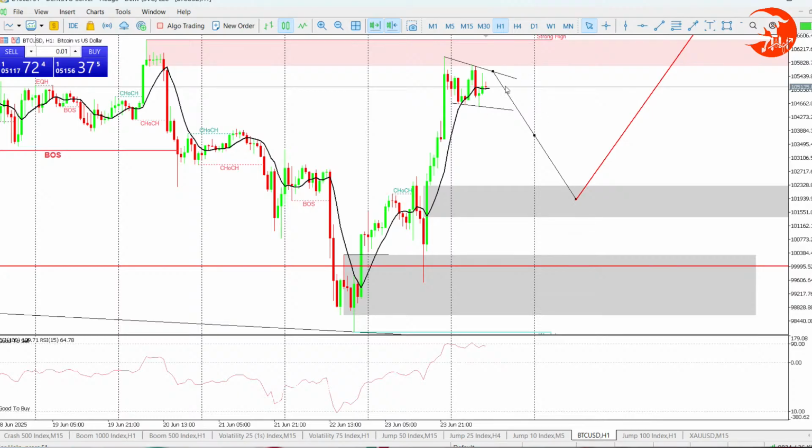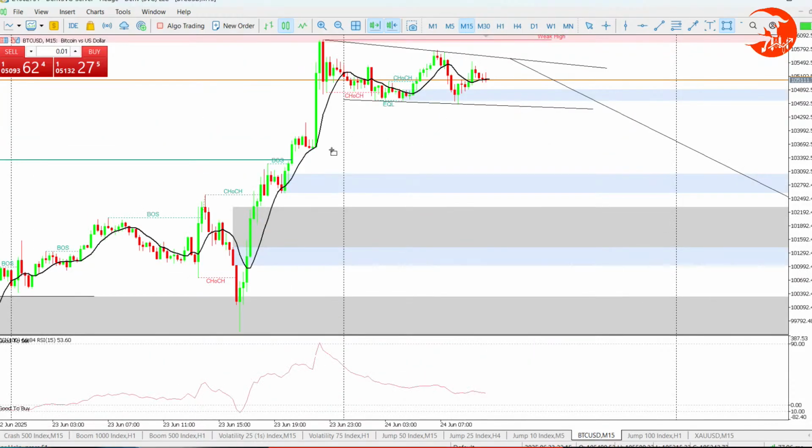And me looking at something like this tells me that this is a flag. A flag actually represents continuation of the previous trend. This move right here, we'll eventually see it get us back there. But before it does, we can anticipate a pullback. If I can go to M15, a pullback to this confluence area.